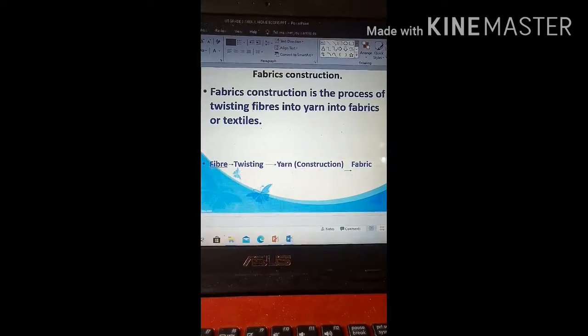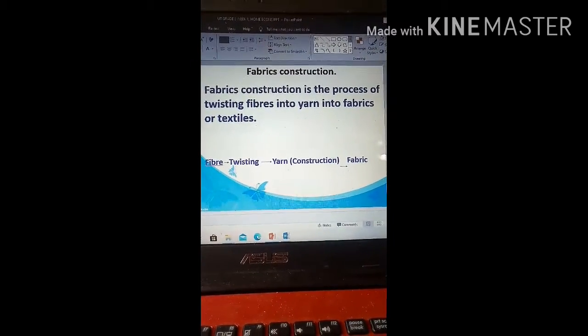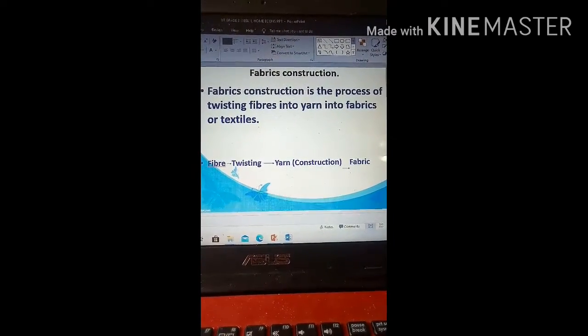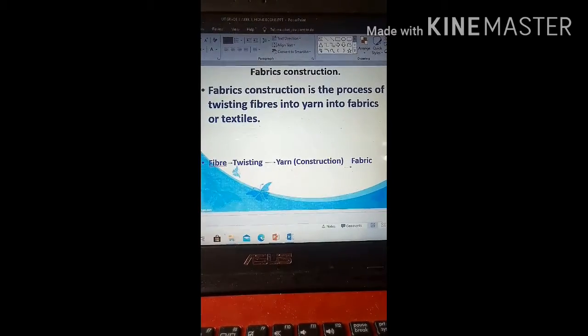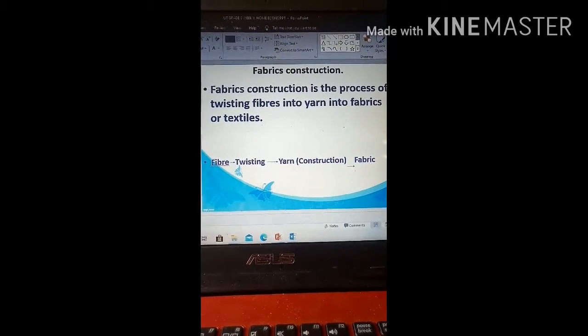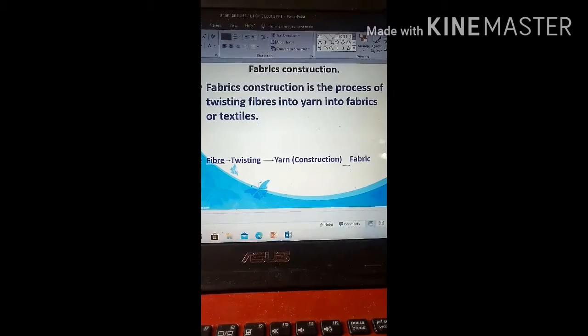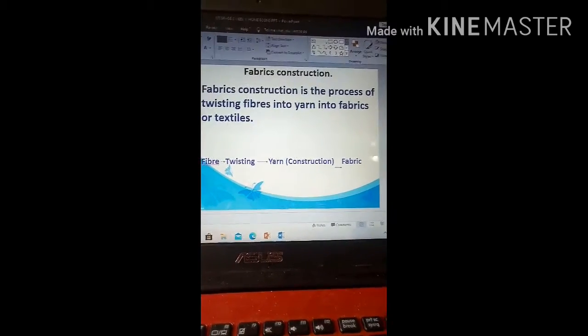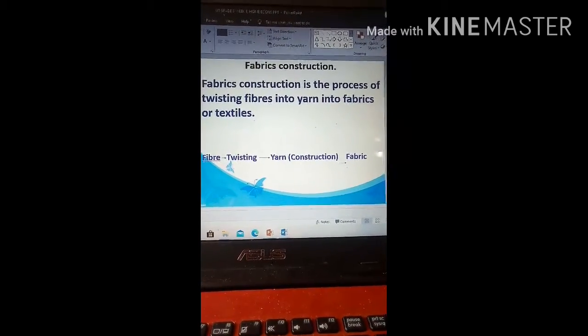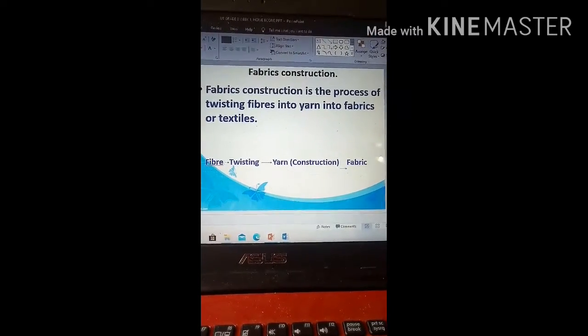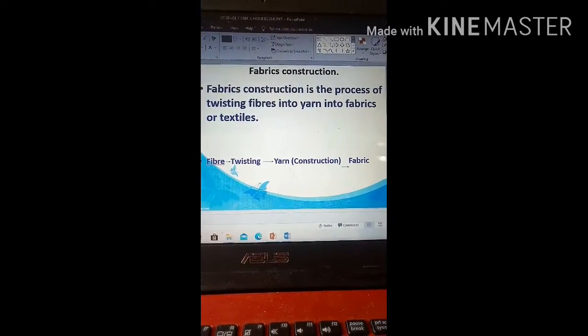Then how do we construct these fabrics? Fabric construction is the process of twisting fiber into yarn and then into fabrics or textile. As I've said earlier, you twist the raw fiber, as I showed you in the earlier pictures. You saw the picture of raw fiber.